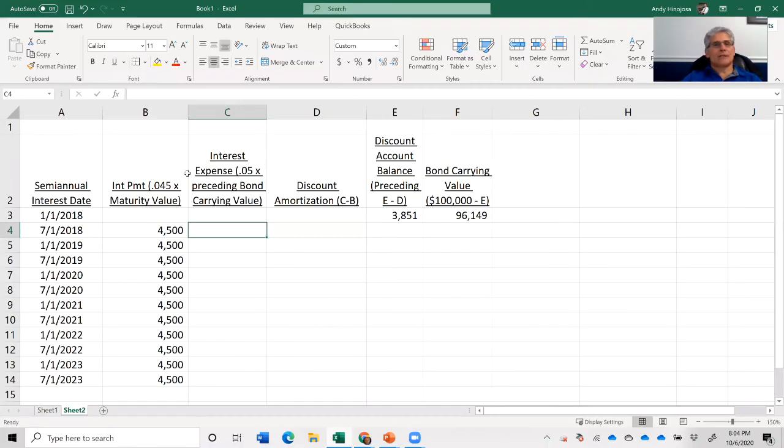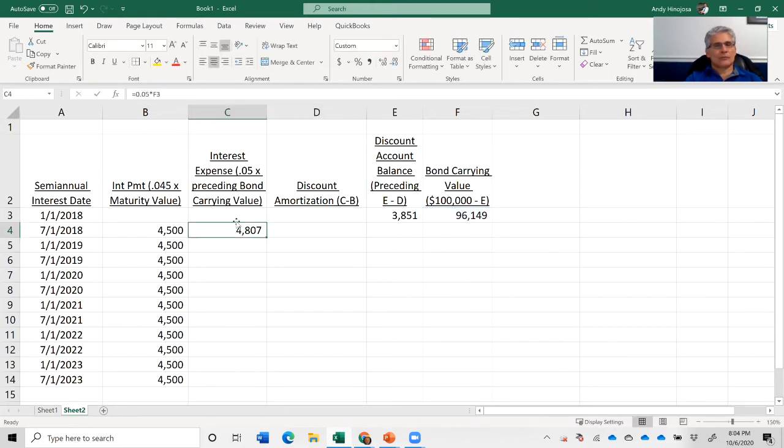So we're going to use 0.05 and multiply it times the bond carrying value from the previous row, the preceding bond carrying value.